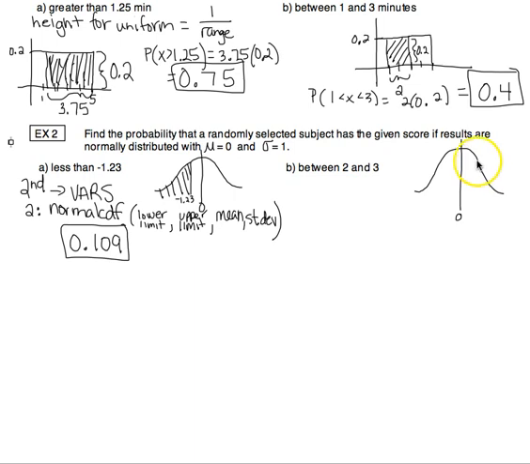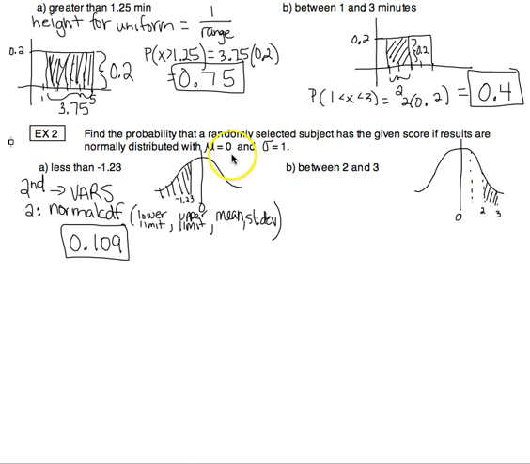So here's our mean. So since our standard deviation is 1, here would be 1 standard deviation. Here's 2. Here's 3. And so what we are trying to find is the probability of being between 2 and 3. Which would be this area here.